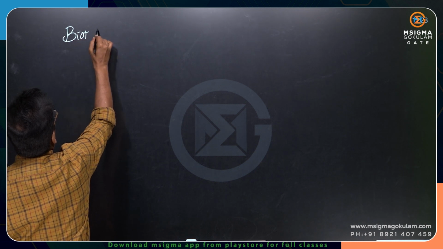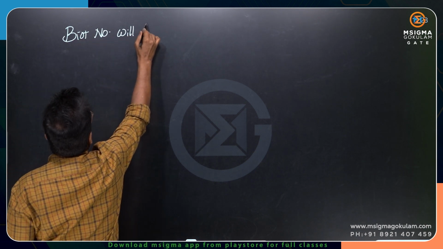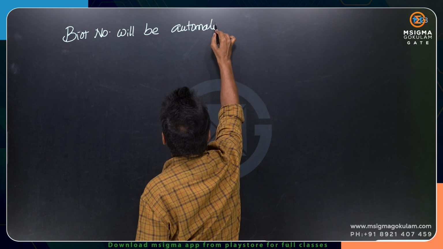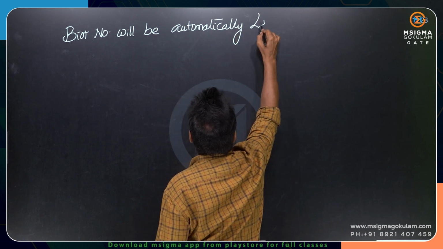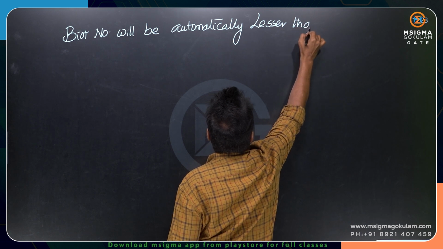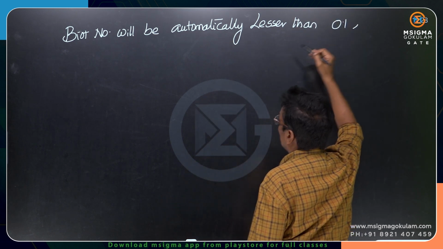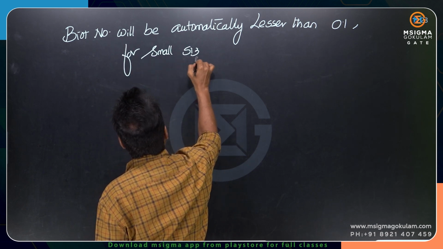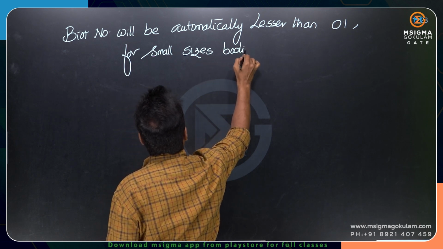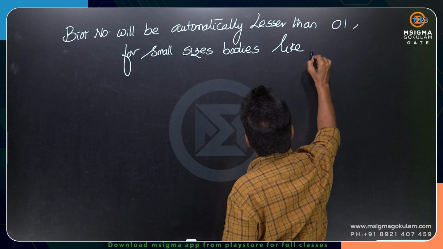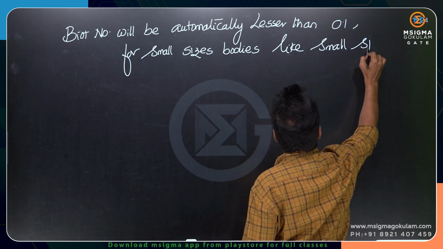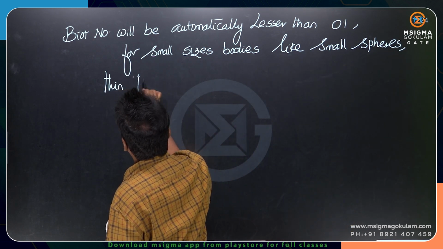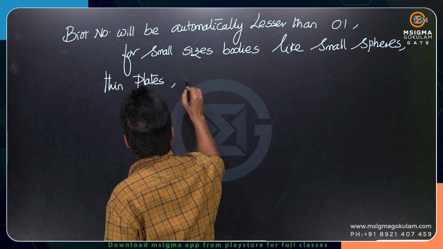Biot number will be automatically less than 0.1 for small sized bodies like small spheres, thin plates, slender rods.